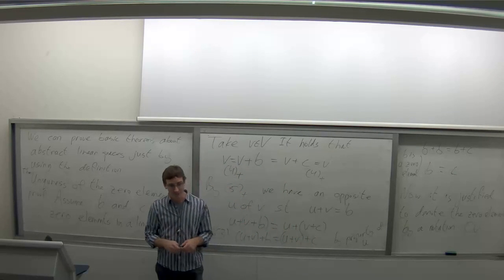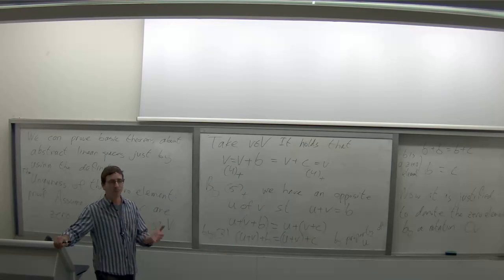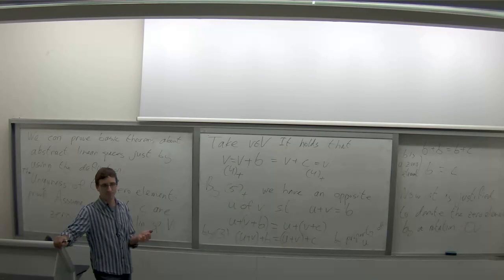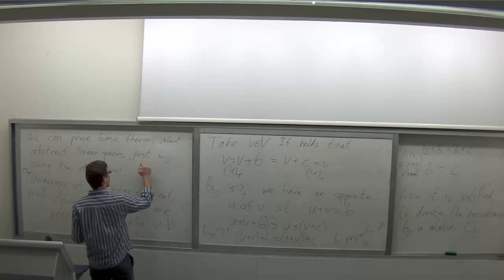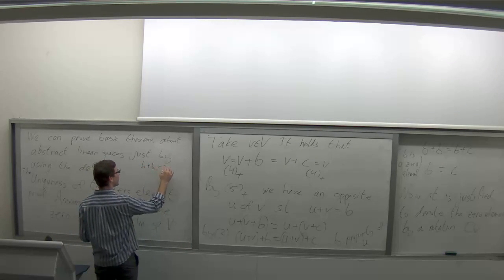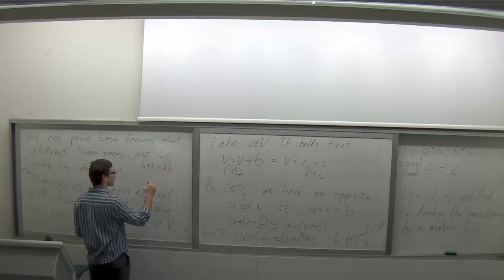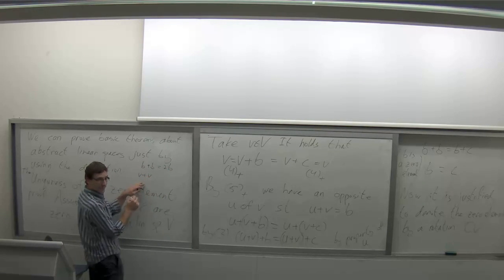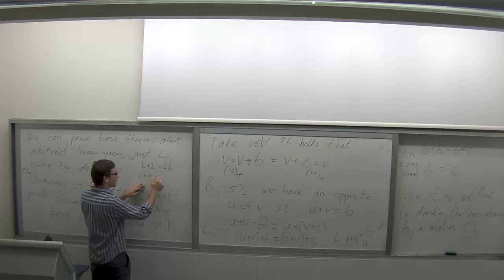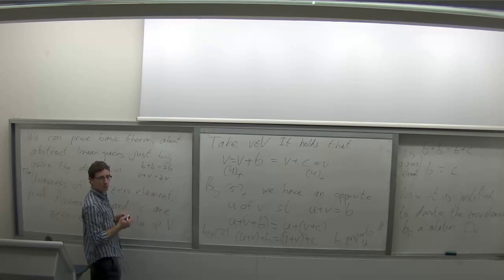Second of all, you have a mistake here. What do you mean when you say b plus b is 2b? It means that you assume that if you take a vector v and add the vector v to itself, it's the same as multiplying the vector by the scalar 2. Now, this we didn't prove yet.